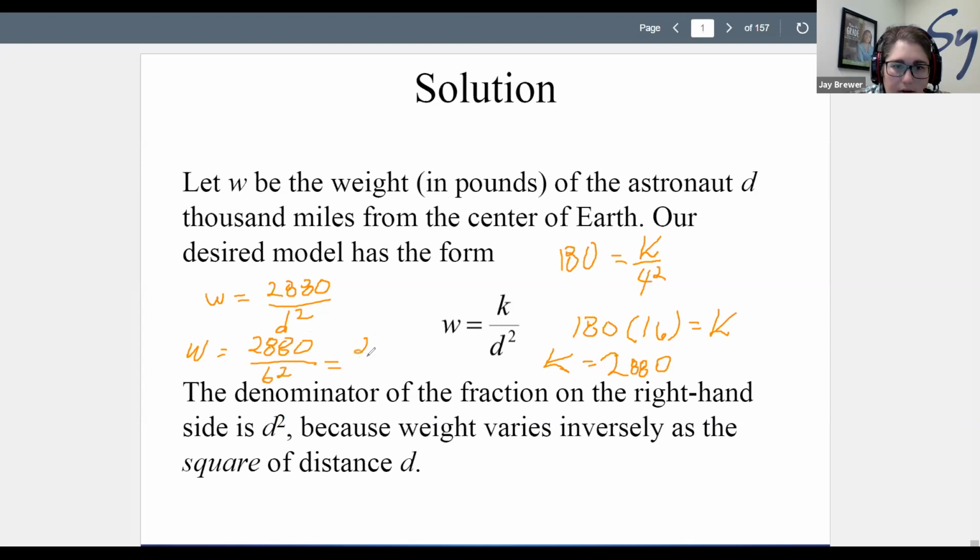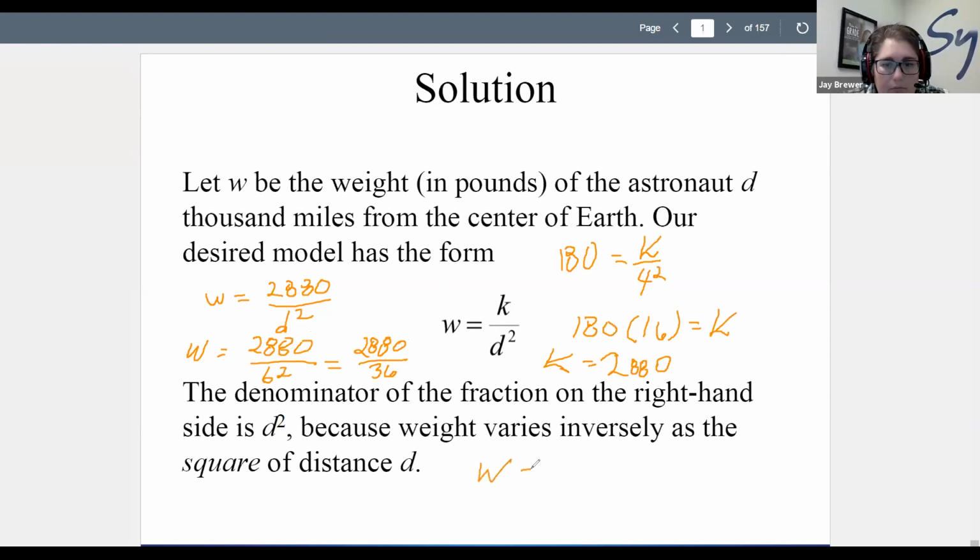Okay, so 2,880 divided by 36 will give us what? 80. Yes.